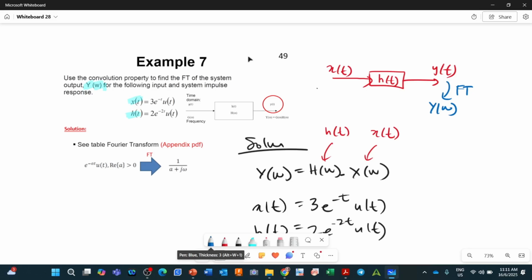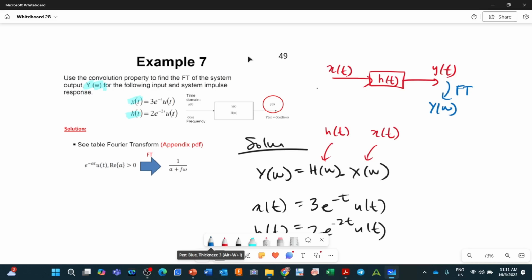So in this question we are given xt, and then you are also given ht, right? So if you are given that, then you need to find what is y. So based on this, write first the equation for y.